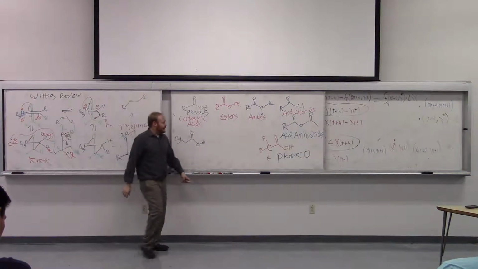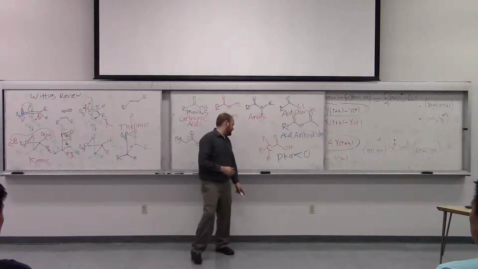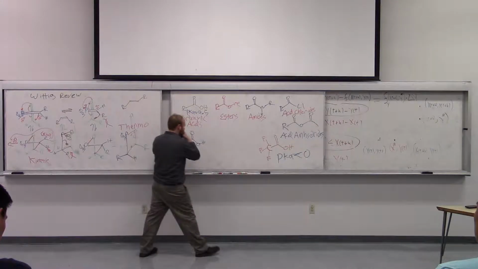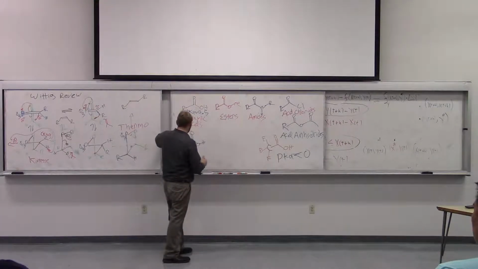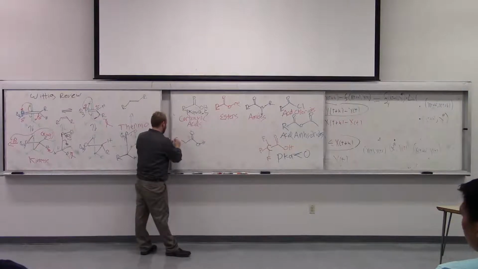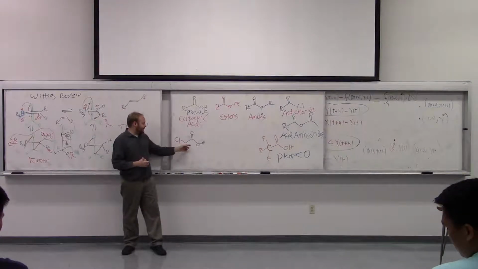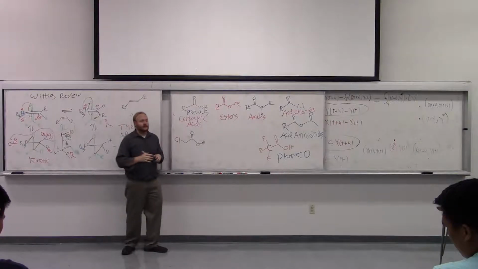In general, the more electron withdrawing groups you have adjacent, the stronger the effect. I should probably check my notes to have the right number. But if you have 1 chlorine adjacent to your carboxylic acid, so you have monochloroacetic acid, I believe that's a pKa of about 2.85.